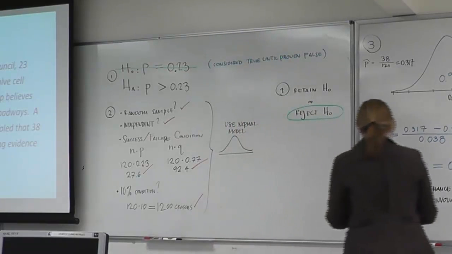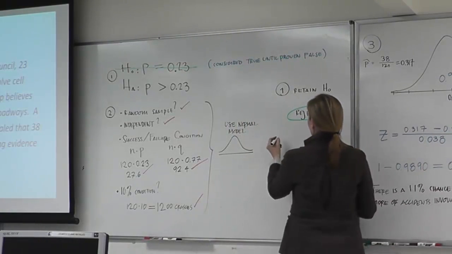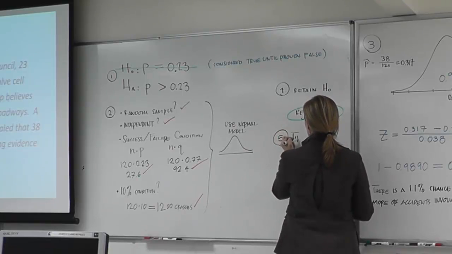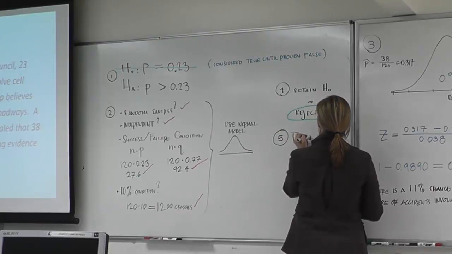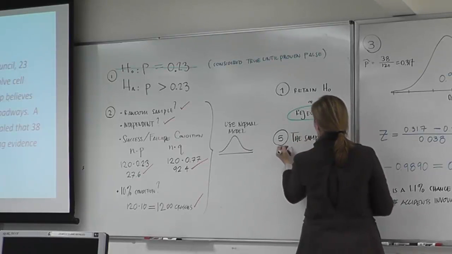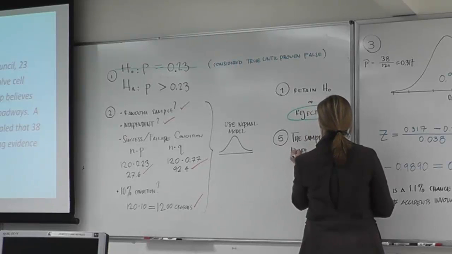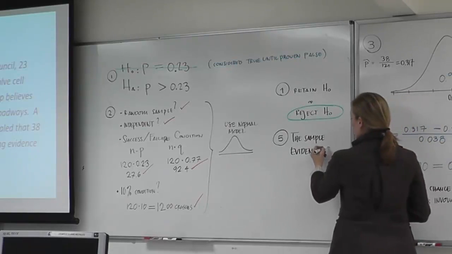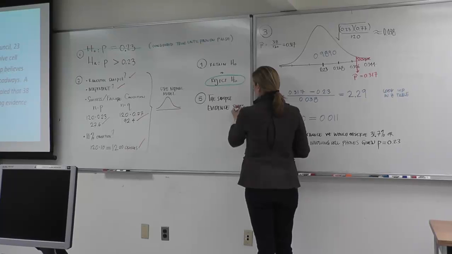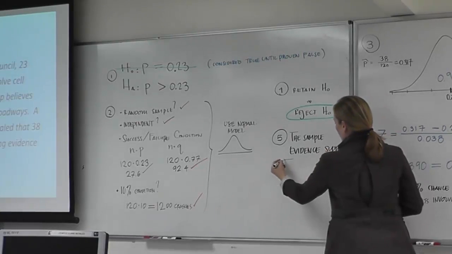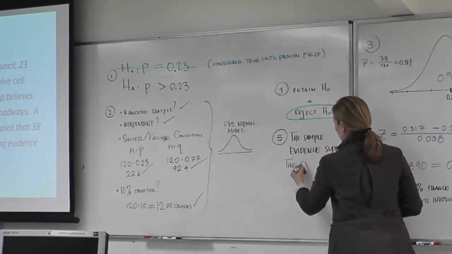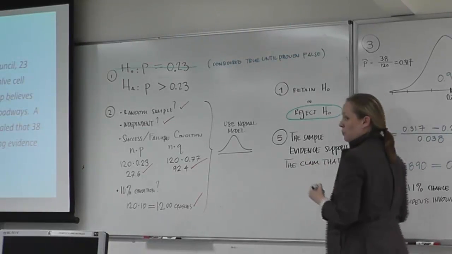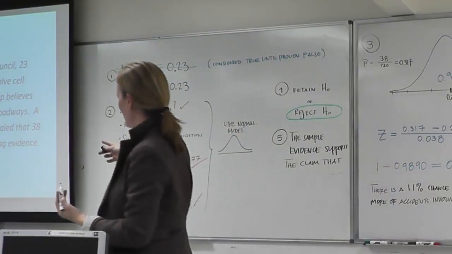So let's write a sentence real quick. The sentence summarizes what we discovered. The sample evidence supports the claim that, and this is where I can go back and ask, what did they claim again? You can go back and reread.